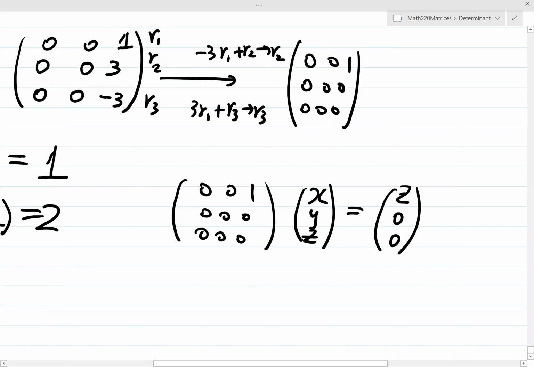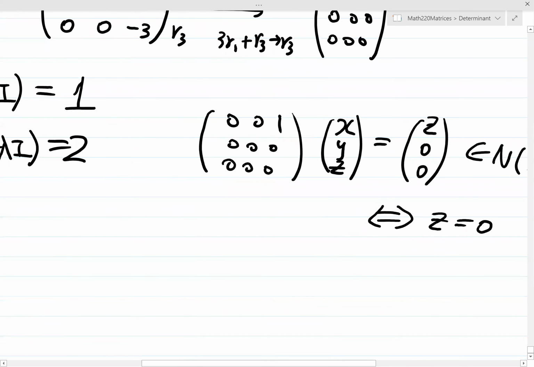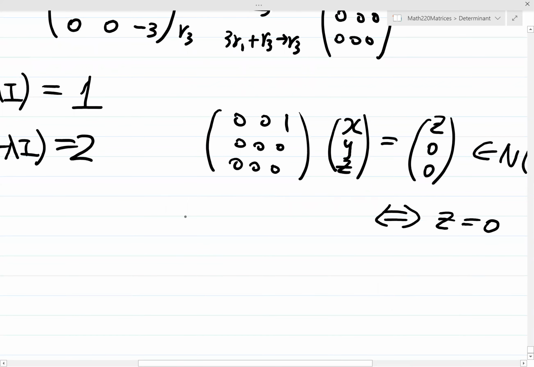This is in the null space of A minus lambda I if and only if z equals 0.